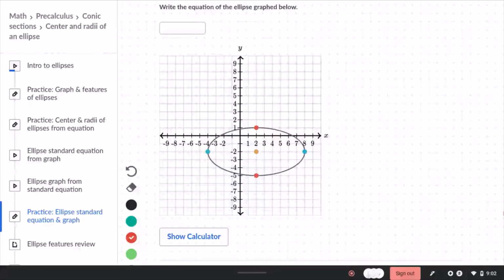Write the equation of the ellipse graph below. So first, let us get the center point, which is C equals the coordinate 2, negative 2.